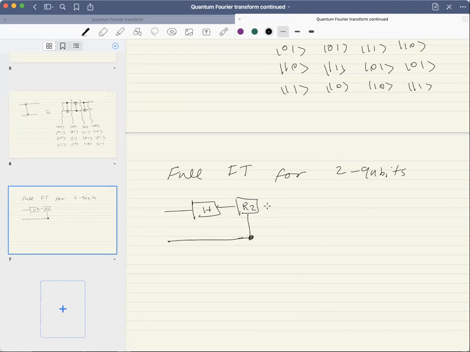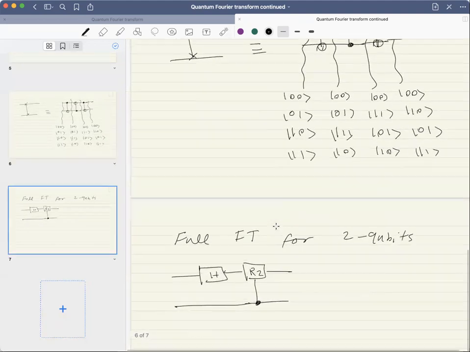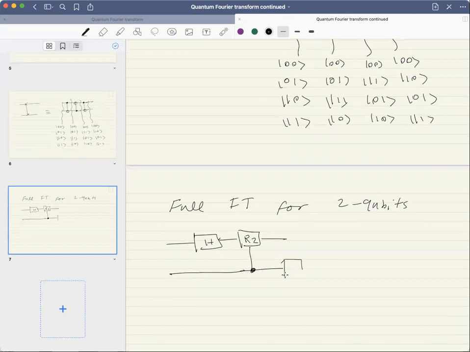So that already takes care of the first one. I hit a Hadamard here. So that's what we already discussed. And then at the very end, I swap these 2. So that would be my full circuit for a Fourier transform on a 4-dimensional space.